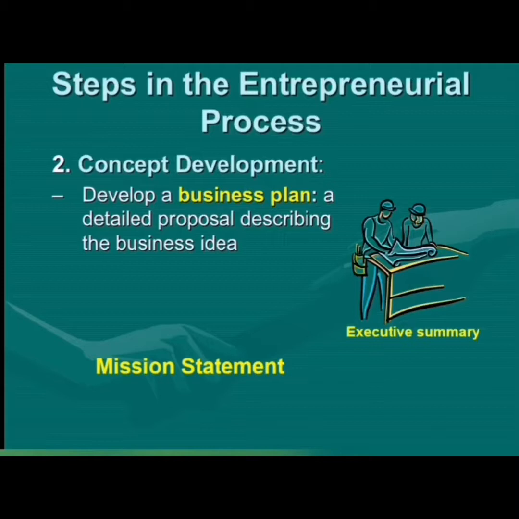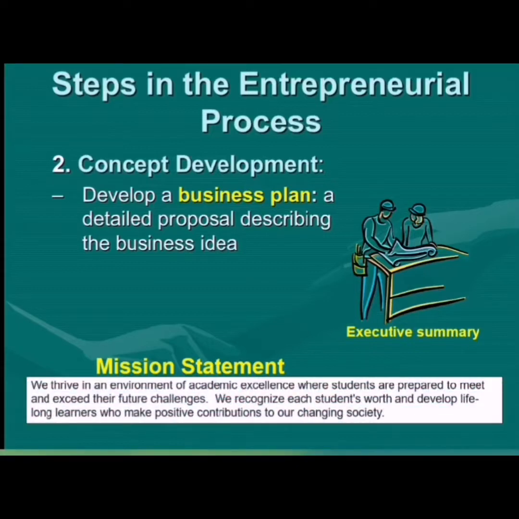Now, next in this particular concept development phase, he is concerned with the mission statement. Here is an example of a mission statement for your convenience. What does a mission statement mean? We thrive in an environment of academic excellence where students are prepared to meet and exceed their future challenges. We recognize each student's worth and develop lifelong learners who make positive contributions to our changing society.